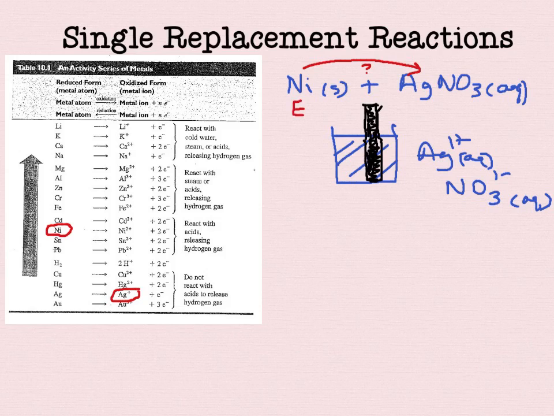So look at the nickel compared to the silver. It must be higher than the silver ion on the right-hand side that's in the compound that it's trying to replace. And since the nickel metal on the left is higher than the ion, this reaction will be spontaneous.